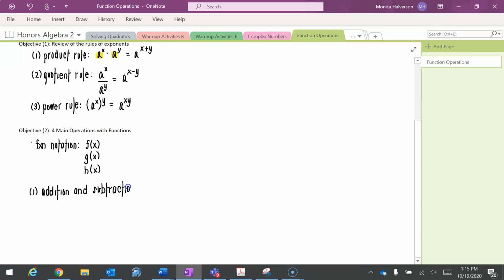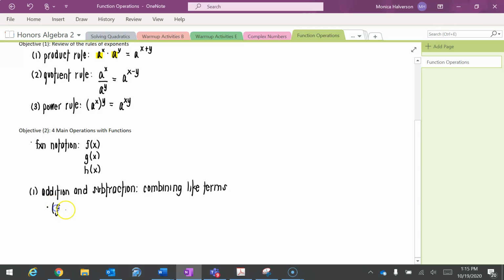The key thing is when you're doing addition and subtraction, you are combining like terms. Okay? So how does it look? Well, it can be in two forms.